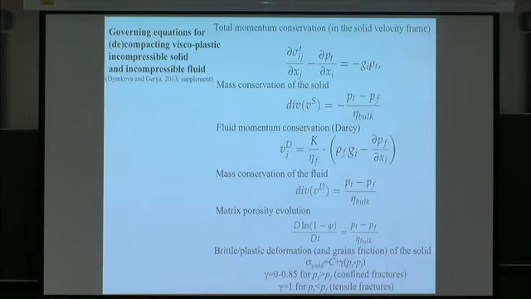So this is the set of equations which is in principle trivial to implement if you already have a working Stokes solver. All you have to do is modify the right part in the continuity equation, and then add 3 more equations. Some people prefer to reformulate the mass conservation equation of the fluid to obtain a solution for fluid pressure and eliminate Darcy velocity. But from the point of view of efficiency of calculations using a direct solver, you're not gaining much.